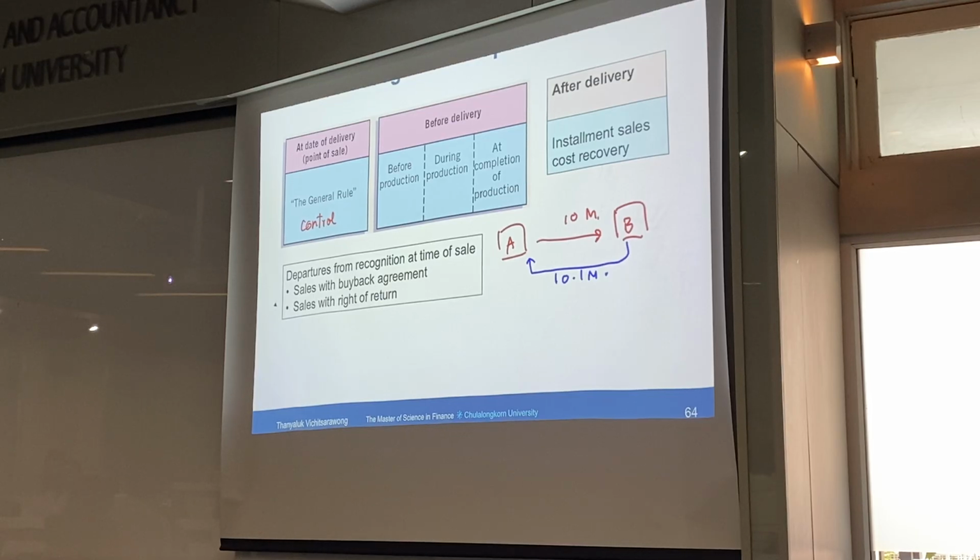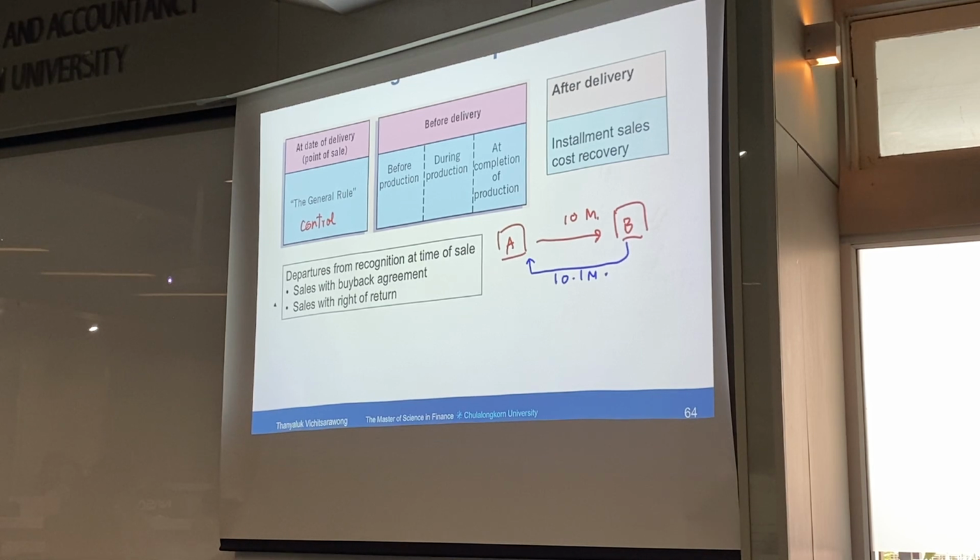If they have revenue recognition before the delivery, like during the production, this one relates to the percentage of completion that we discussed here. And if you finish the production, and the project is completed, then you can recognize the revenue.